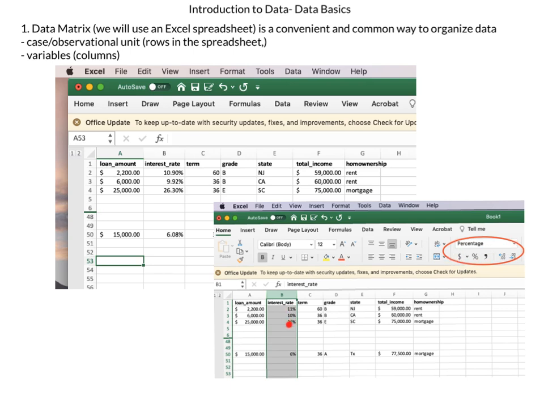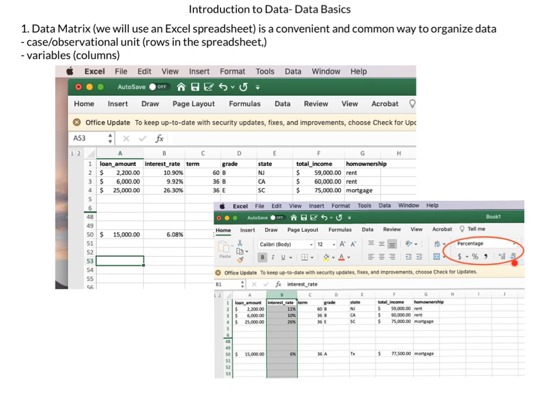The other thing is, if you want more decimal places, you see here my interest rate was 11% because it initially rounded my 10.9 to 11. So what I did is I clicked this number here to show I want more decimal places.